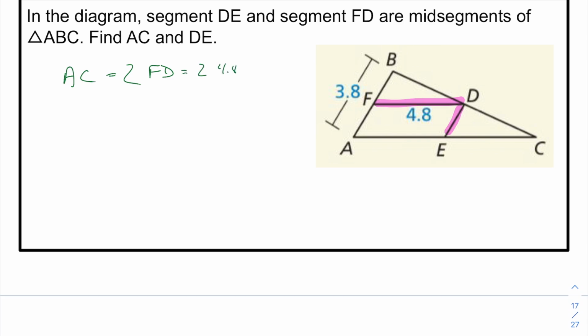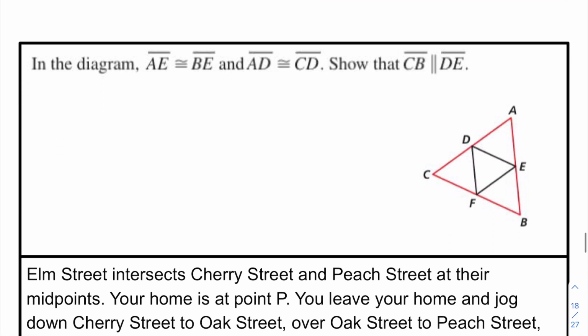So 2 times 4.8. 4.8 times 2 is 9.6 units. Let's find DE. DE is the mid-segment, so it's going to be 1/2 of the third side, which is AB. AB is 3.8, so 1/2 of 3.8 is going to equal 1.9 units. Super simple. Use 1/2 or 2, depending on which direction you're going.